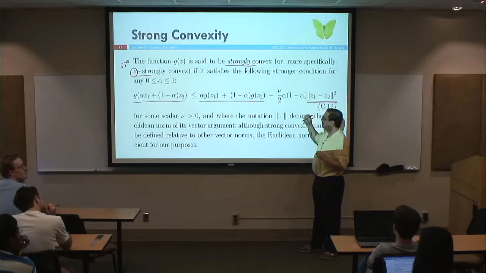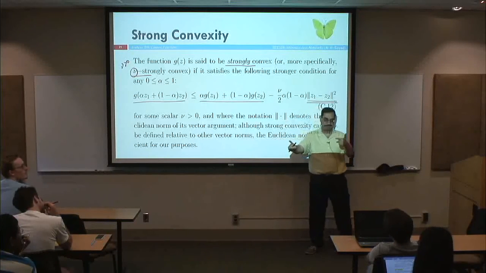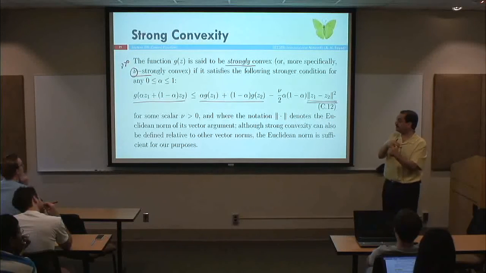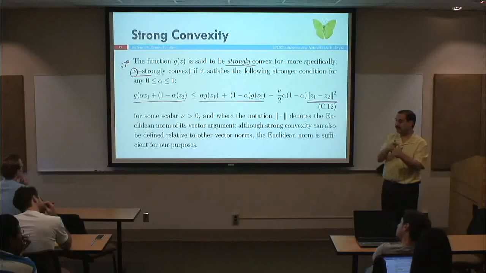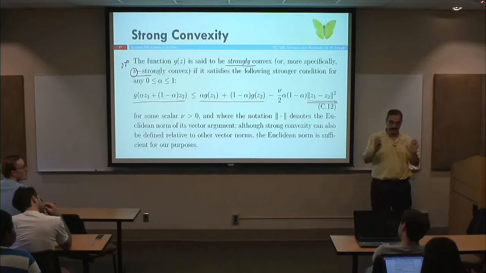So strong convexity implies strict convexity. Therefore, for strongly convex functions the global minimum is also unique. It can only have a global minimum and it's unique, just like strict convexity. So far, so good.